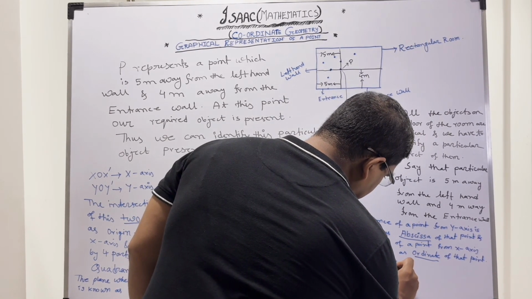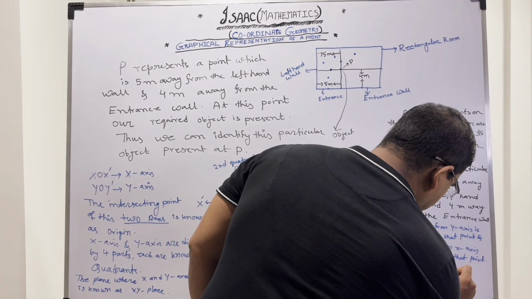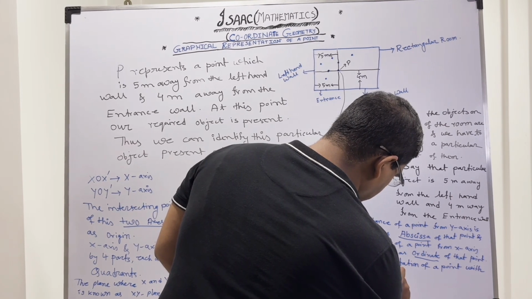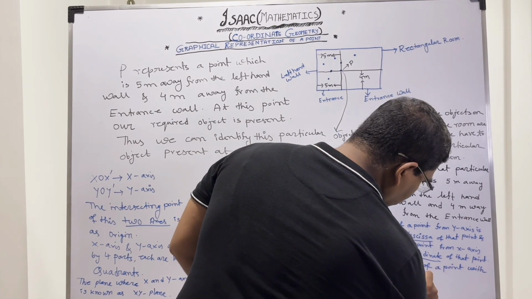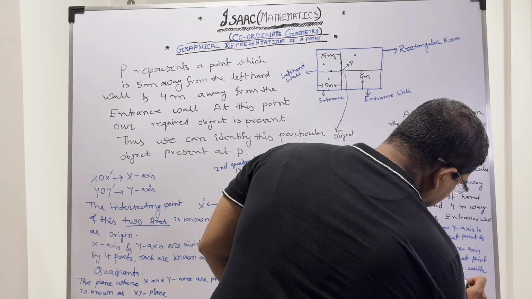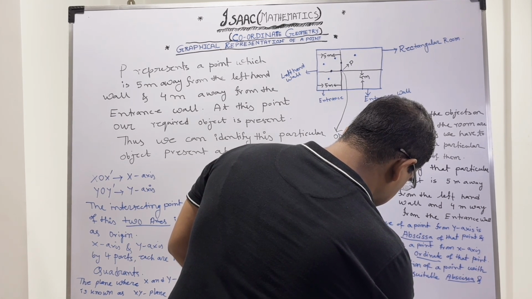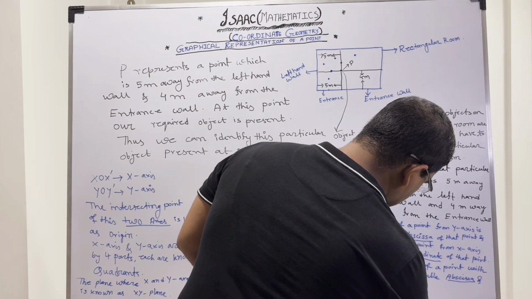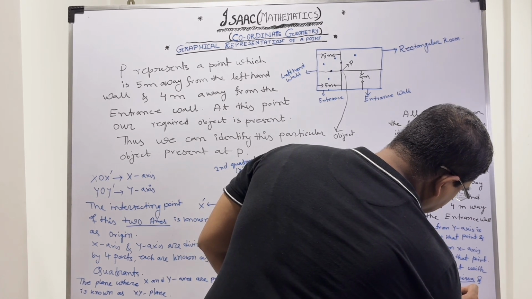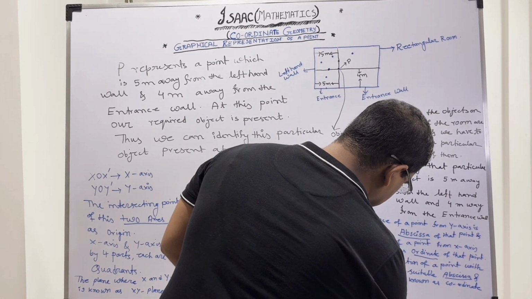Representation of a point with respect to suitable abscissa and ordinate is known as coordinate of that point.